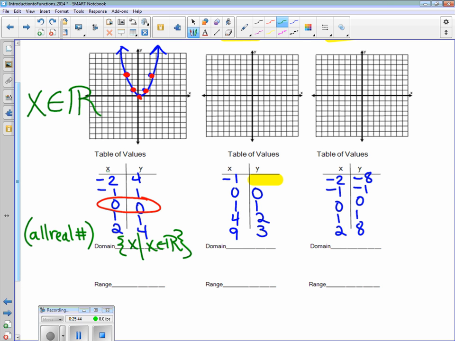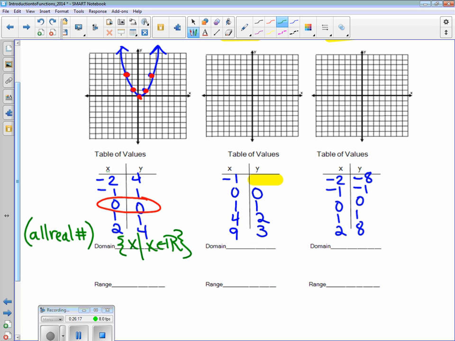Now the range is not all real numbers. Remember, the domain is when I look left to right. X can be anything because it goes forever in the negative direction. It goes forever in the positive direction. It continues to go up, but it also goes out left and right. Now how about the range? The range is not everything because what happens? Can you be negative with the range? Are there any negative values down here? Well, not exactly.